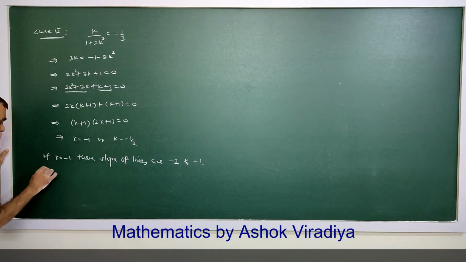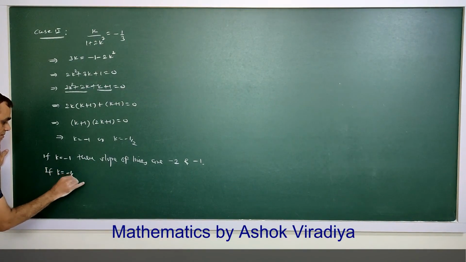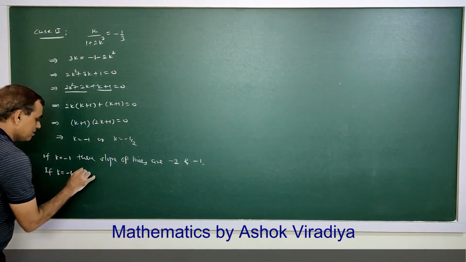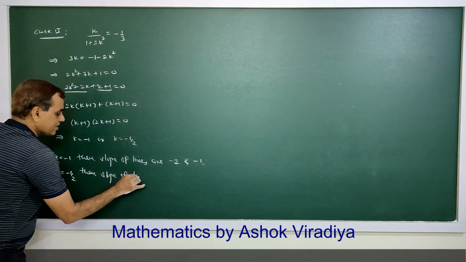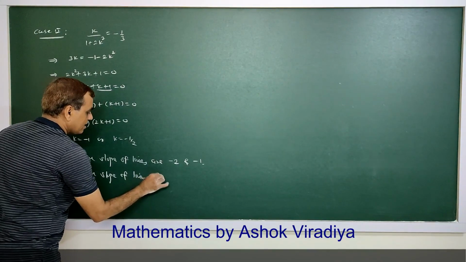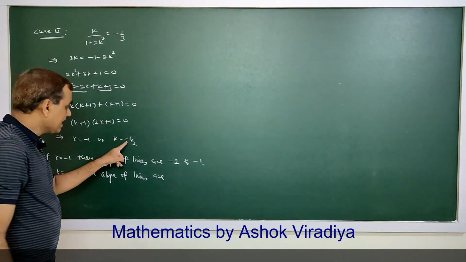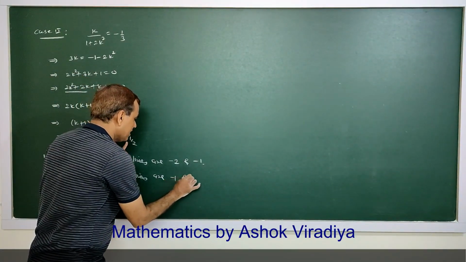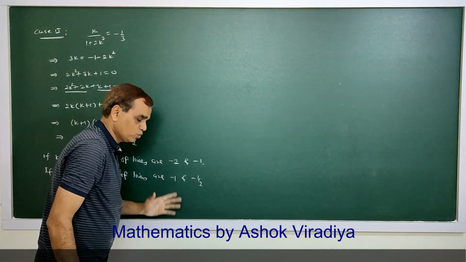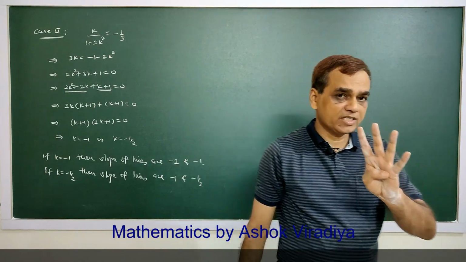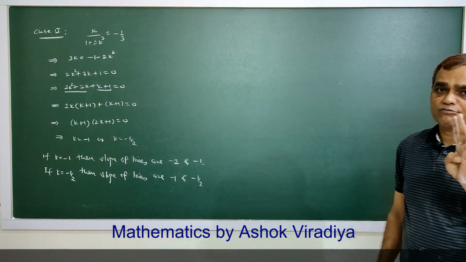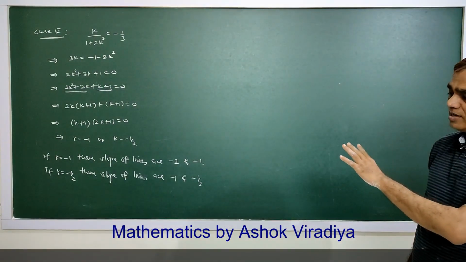And if k is minus 1 by 2, then the slopes of lines are 2 times k, that is minus 1, and minus 1 by 2. So there are 4 possibilities. We have found 4 possible answers.